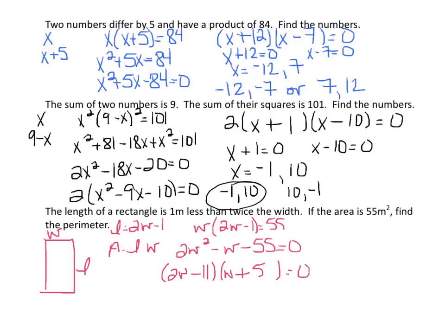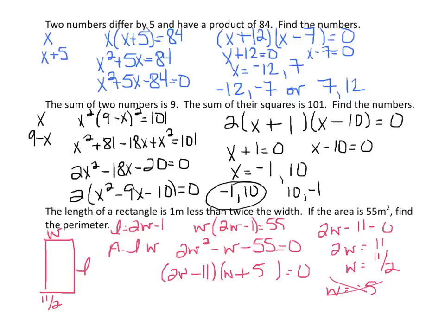So that would add up to equal negative 1. So now I solve for w. You're not allowed to have a negative width, so you can't use that one. Your width here is 11/2.